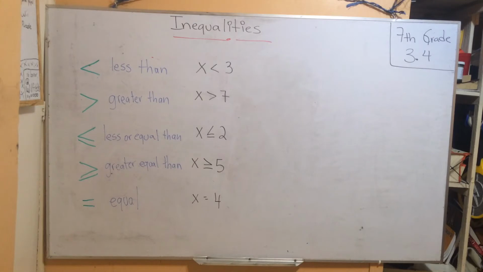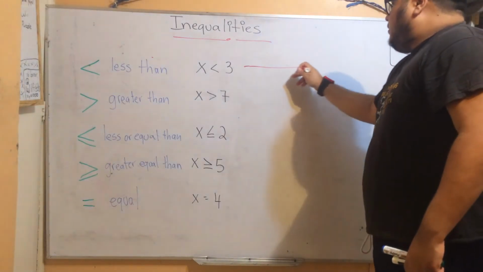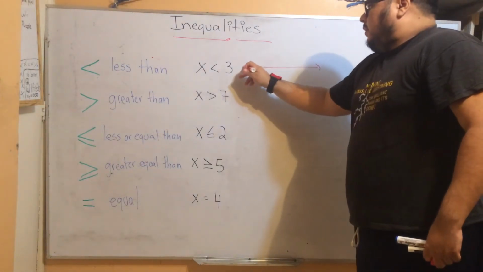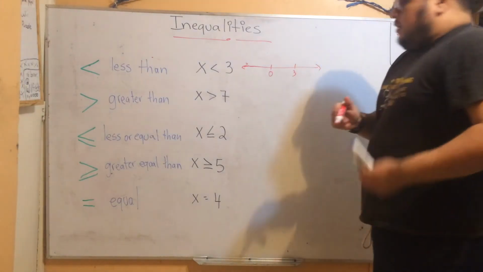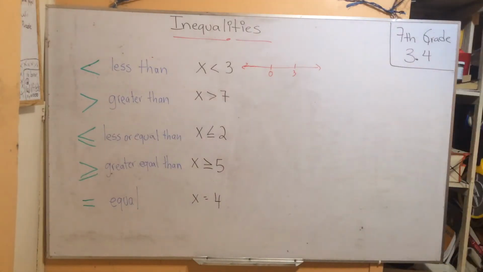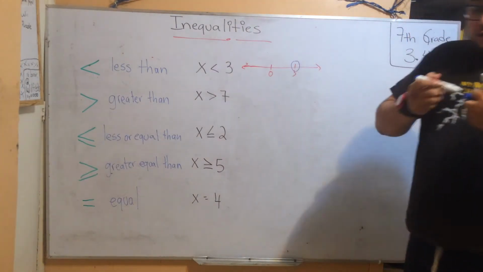Now how do we graph this inequality? We need to construct a number line. Let's say that here we have 0 and here we have 3. We're going to place the value of 3 here, and we're going to place it open.